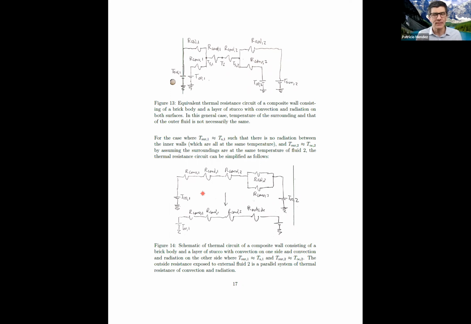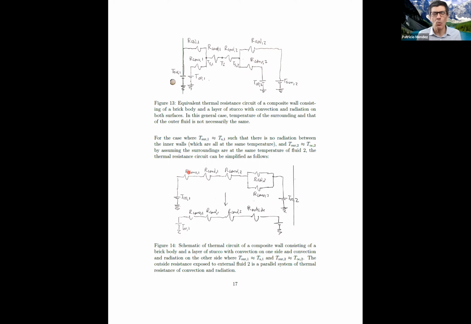But if we do this, we have a fighting chance, and a very good chance. So here we have resistance of conduction of brick, resistance of conduction of stucco, resistance of conduction, resistance of convection inside. We said there is no heat transfer by radiation inside because everything is at the same temperature.